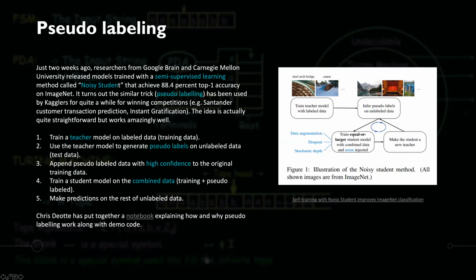On February 11th this year, Google Brain and Carnegie Mellon University just released models trained with what they call a semi-supervised learning method, named Noisy Student, which achieved state-of-the-art accuracy on ImageNet. This is a huge improvement, but it just used a very simple idea.